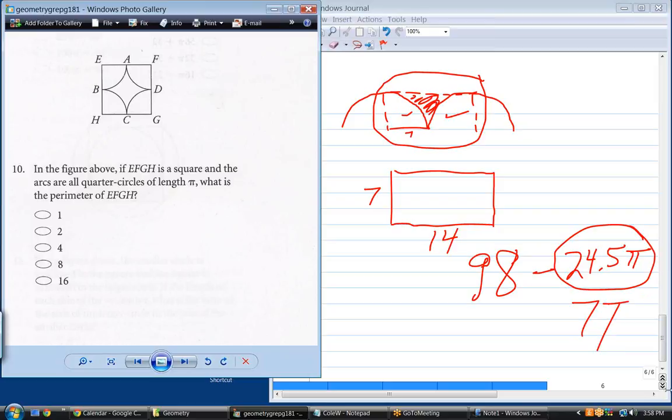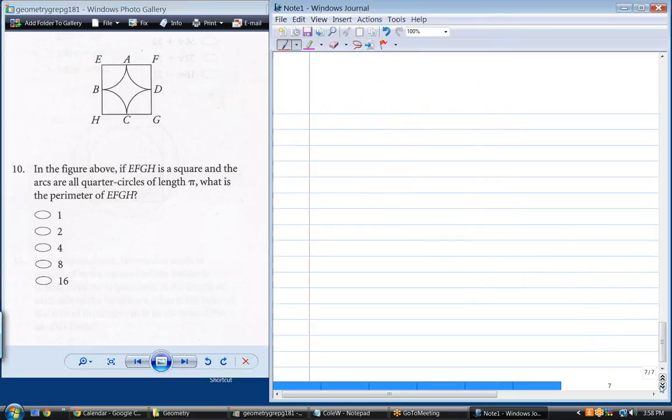These are tough. I don't even think this said the advanced section. I think this is supposed to be intermediate problems. You know what this means? The arcs on all quarter circles are length pi.